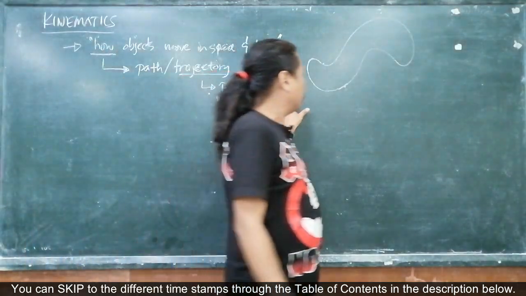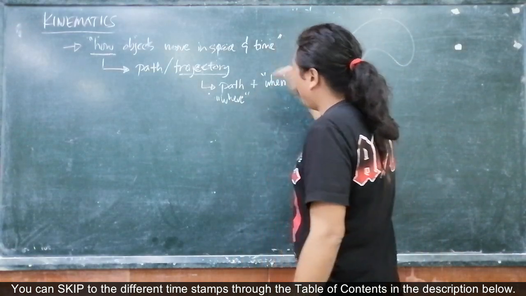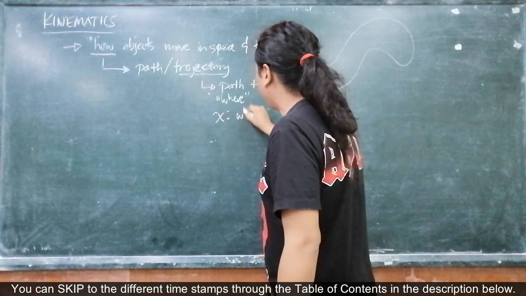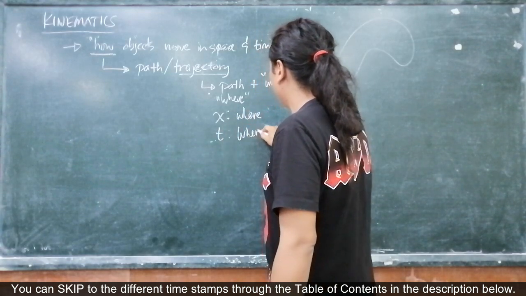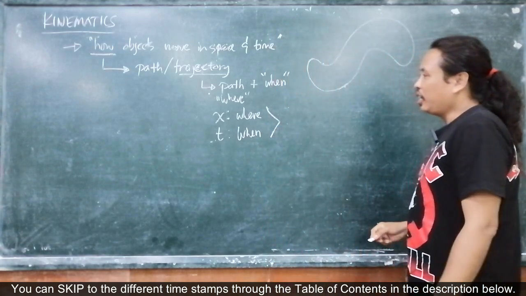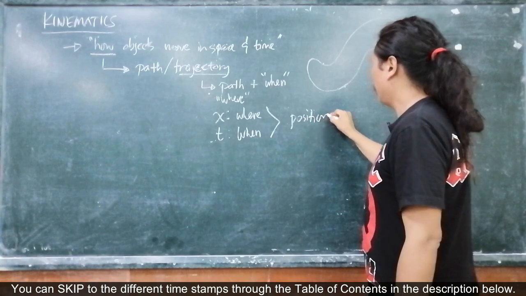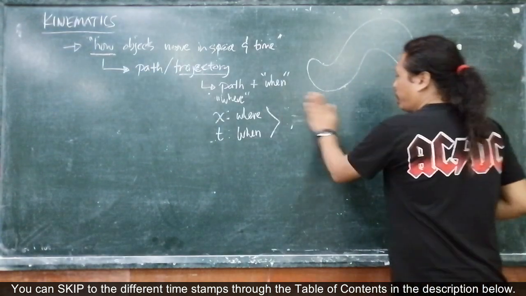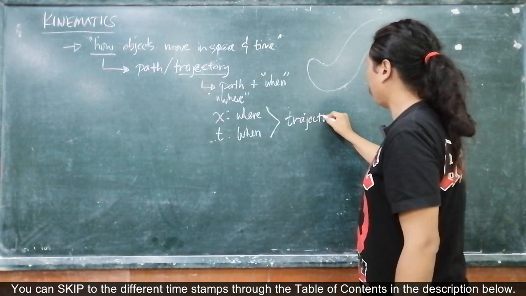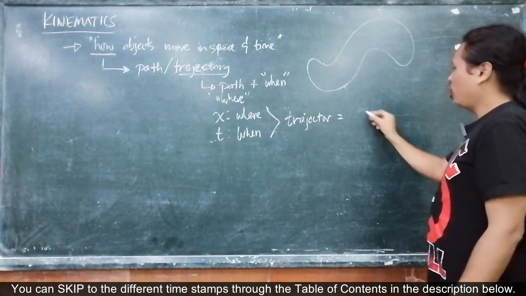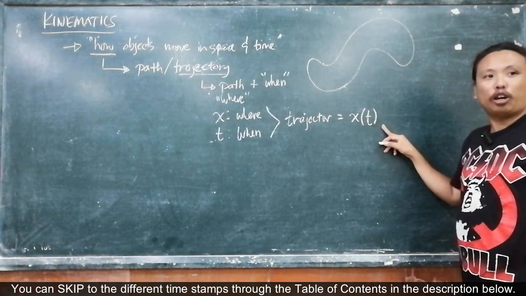So if x represents the where and t represents the when, then we will have the position, or the trajectory in general, which is equal to the path and the when and where: x as a function of time.